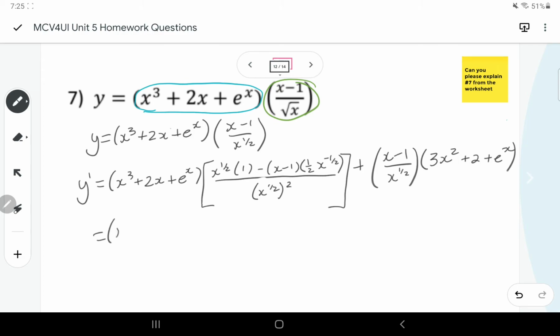So I'm going to leave this x cubed plus 2x plus e to the x, and then just work in here. So this is x to the 1/2, and I'm going to be multiplying in here.